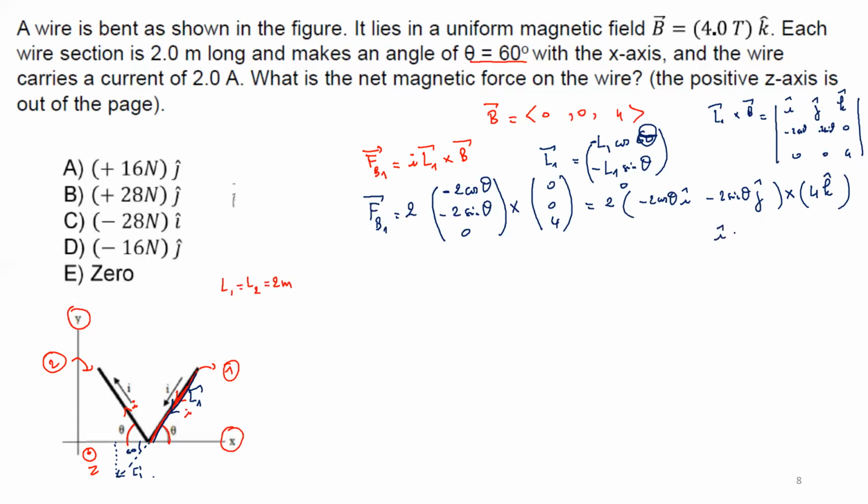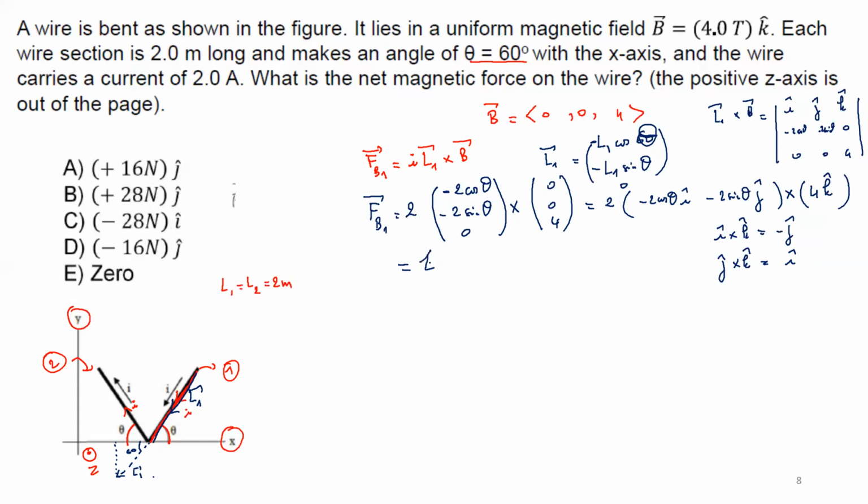You know that i hat cross k hat is minus j hat. And of course, j hat cross k hat gives you i hat. Okay. So if you calculate that here, what do you have? So let me get this minus here, put it out here. So I will have 2 times minus 2, so minus 4 times 4. So this gives me 4.